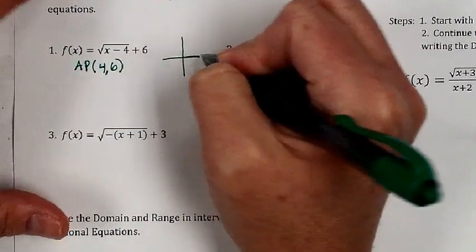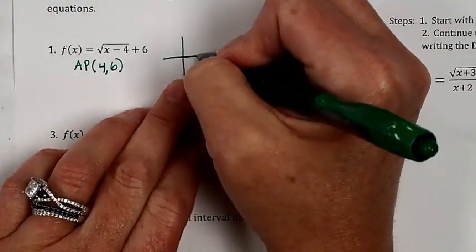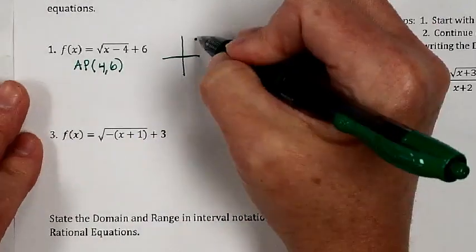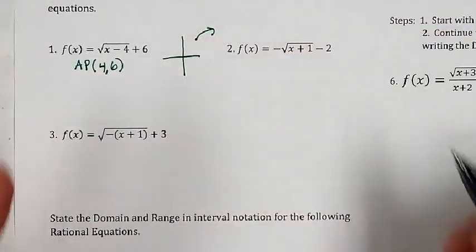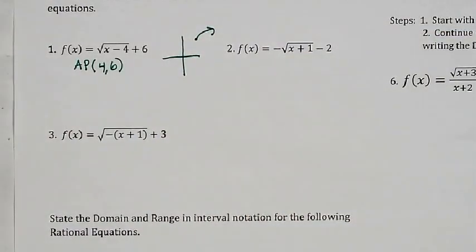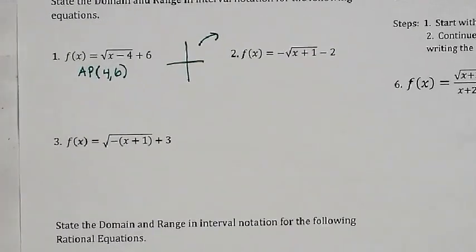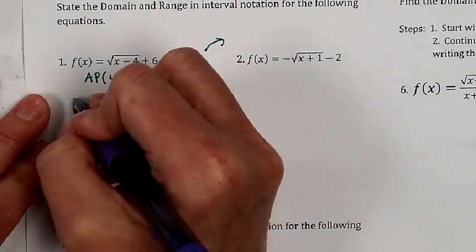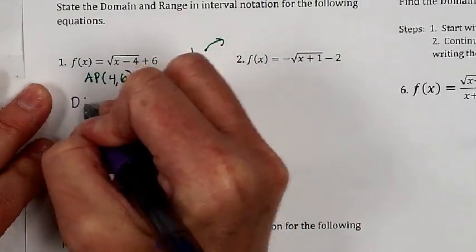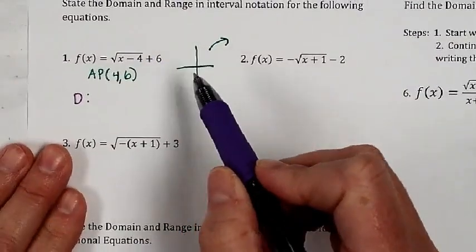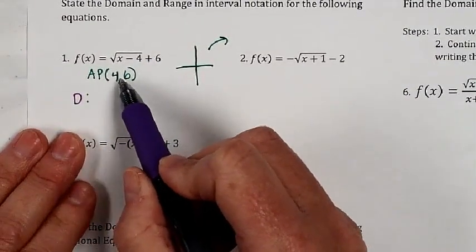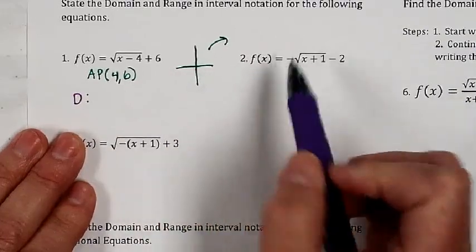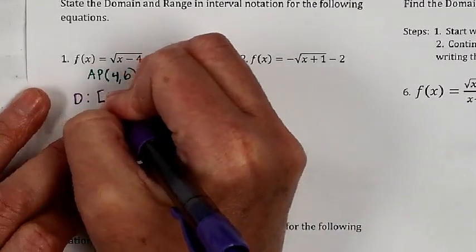You do not have to sketch a graph. If you just visually need one, you can. Alright, so domain here is from 4 to infinity. And your range, 6 to infinity.